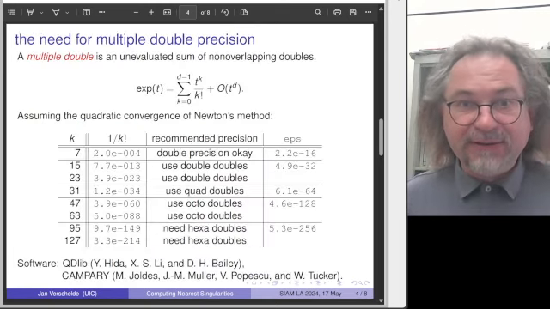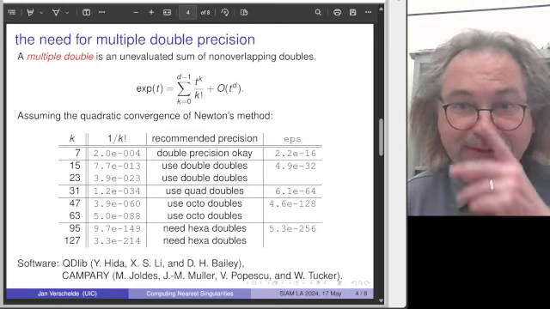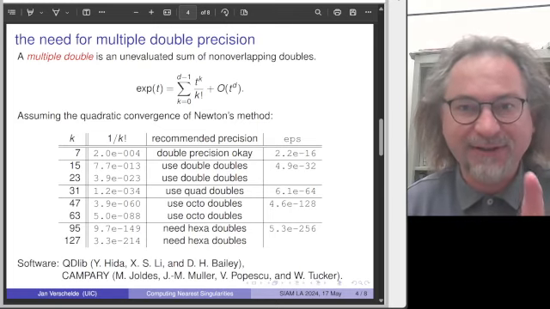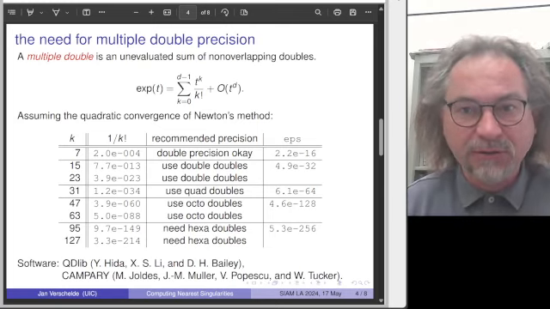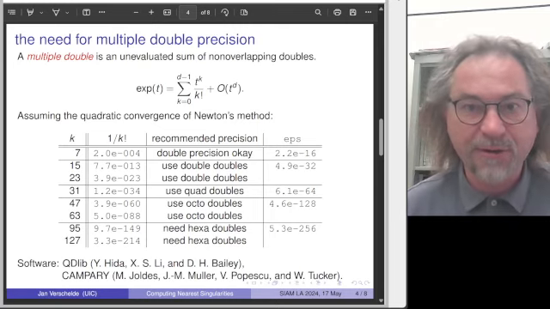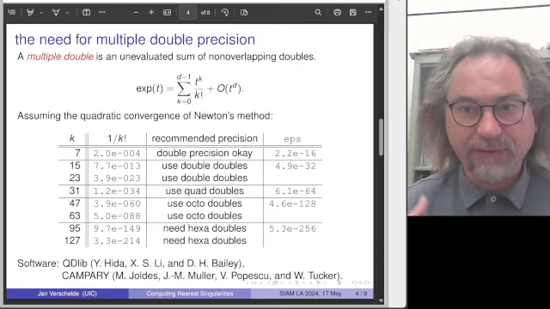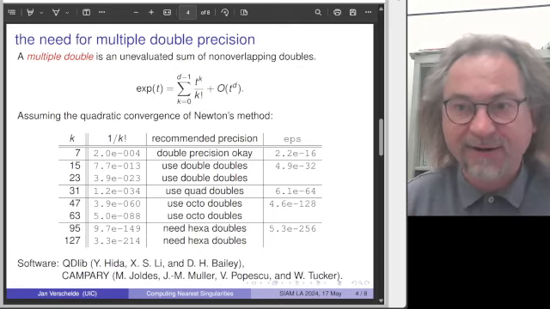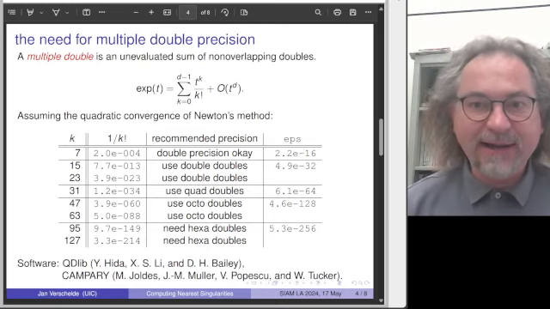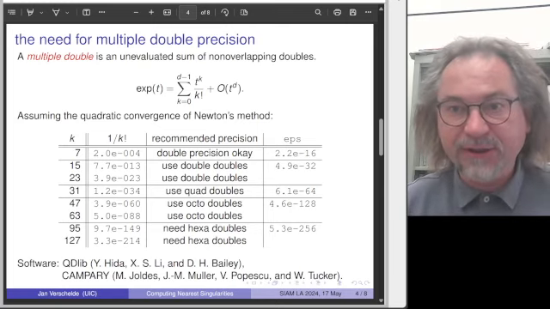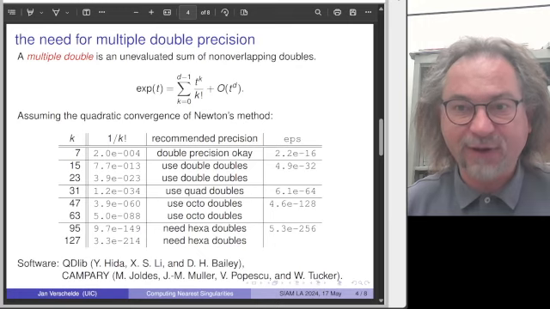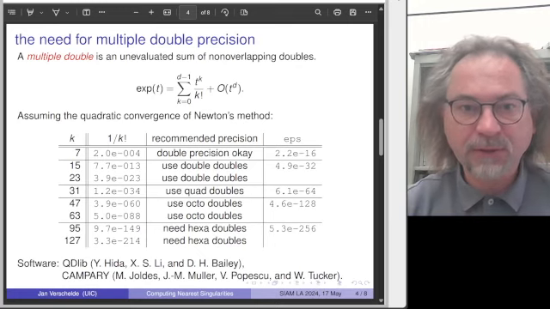Why do you need multiple double precision or double precision in general? Multiple double arithmetic is an extension of double arithmetic. If you have a double-double, then the first double is the leading part, and the second double can be interpreted as the error on the first double.